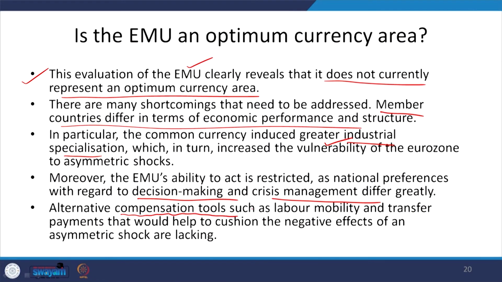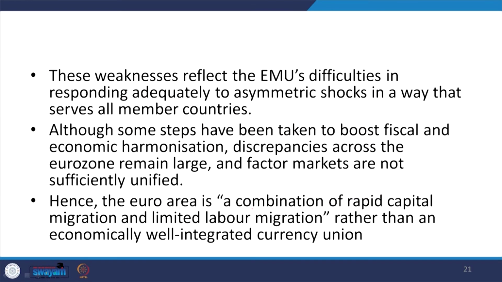Okay. So, alternative compensation tools such as labor mobility and transfer payments would help to cushion the negative effects of an asymmetric shock. Some compensation mechanism might be introduced to protect against asymmetric shocks.